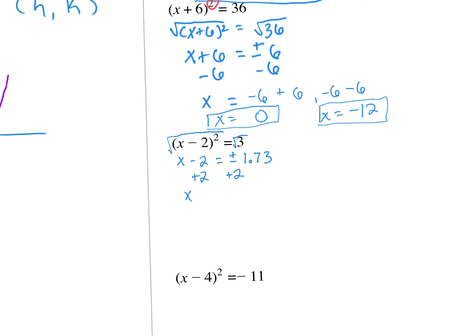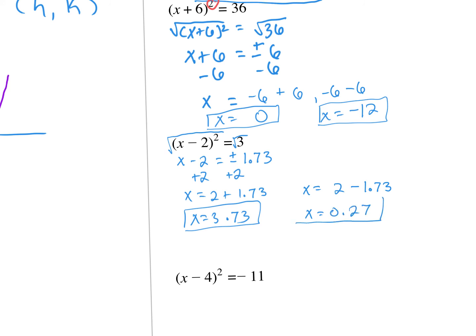So x has two answers. x is 2 plus 1.73, and x equals 2 minus 1.73. I'm going to punch those into the calculator, and one answer is 3.73, and the other answer is 0.27. Like so. Remember, there's two answers to every question.